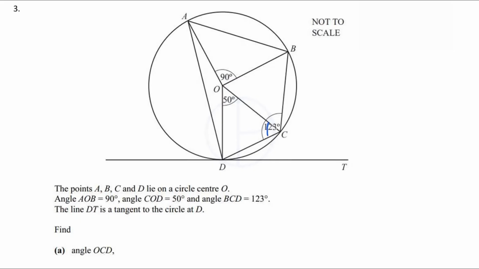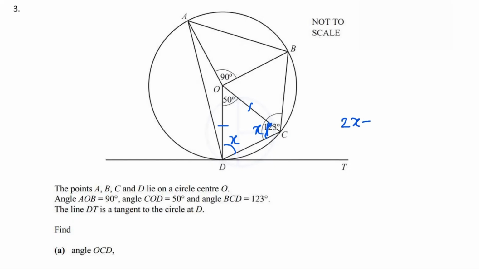So here O is the center. OD and OC are the radius of the circle, so OD and OC are equal. So triangle ODC is an isosceles triangle. If you take this as x, then this is also x.